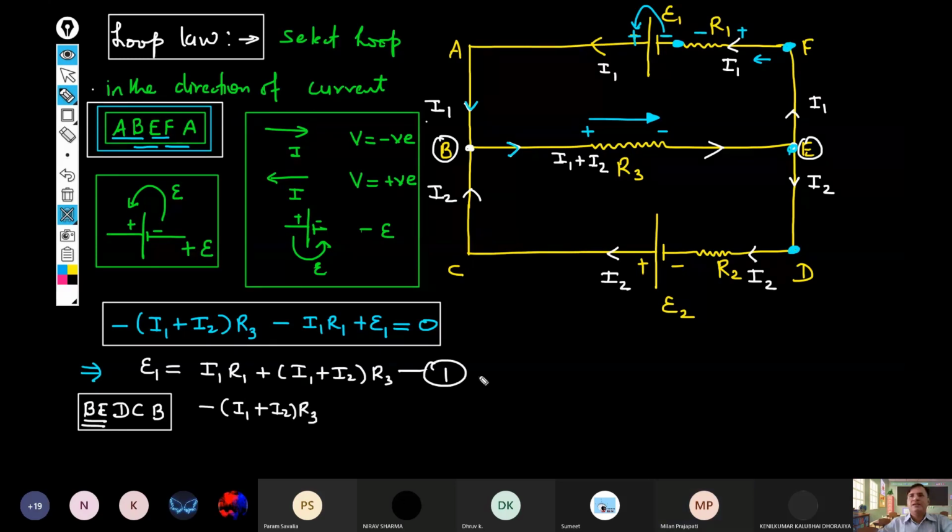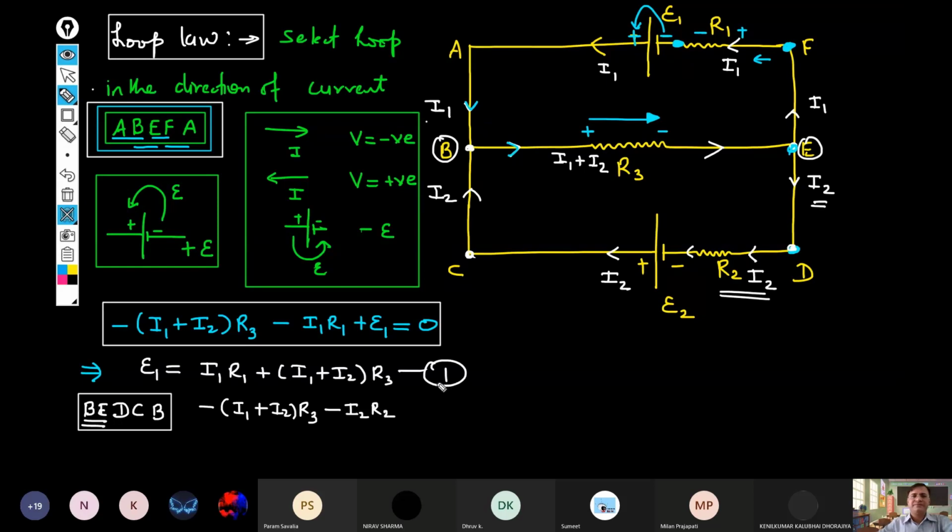Very good. Now from E to D there is no resistance, so we will not write anything. From D to C, first resistance is there, so minus I2 R2.